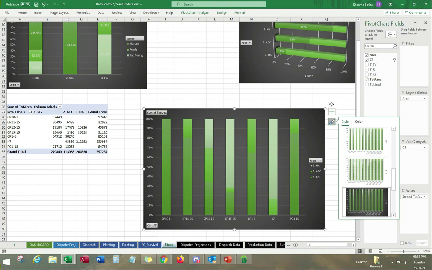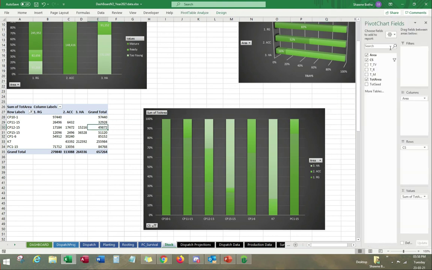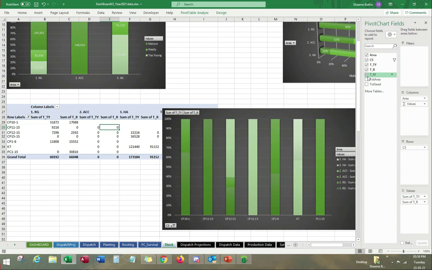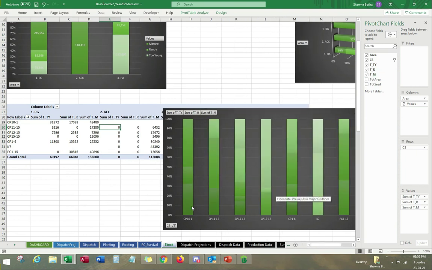By saying maybe you don't want areas, but what you do want is, on each one of them, how many, or what percentage, of each of these are too young.